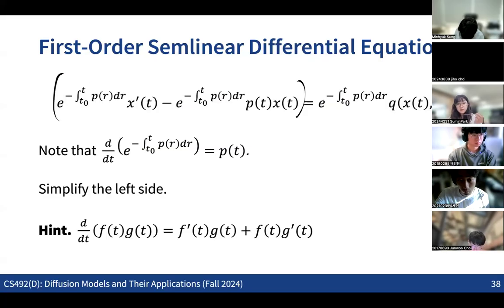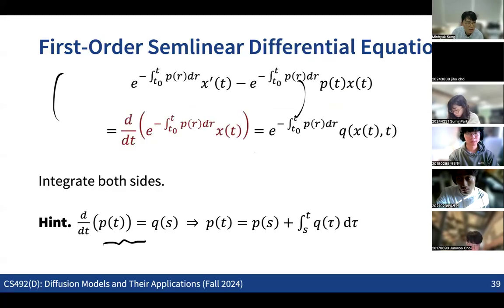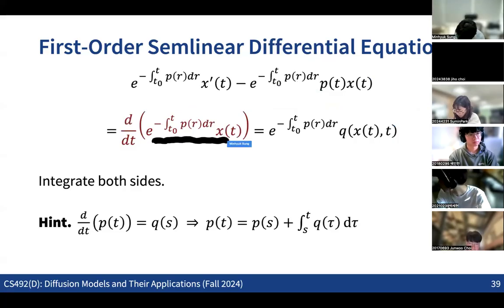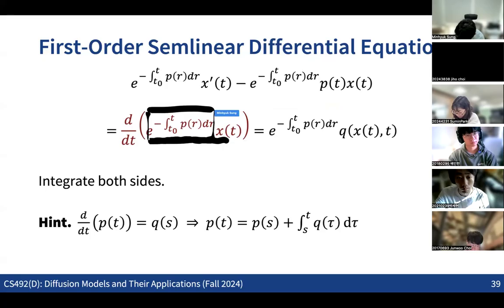If we take the derivative of the product here, then we can say that it should be like this. It's like high school math, right? So based on those two facts, what can you do in terms of simplifying the left-hand side? The left-hand side becomes the derivative of this product, of the exponential term here and the x_t here.